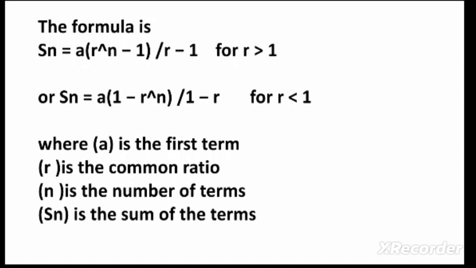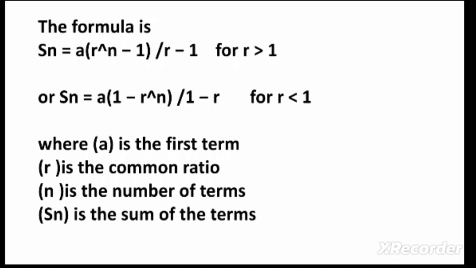The minus 1 in this case is not an exponent, it's r exponent n only, and then minus 1 on the side, divided by r minus 1, for r greater than 1. And then we have another formula, Sn is equal to a in brackets 1 minus r exponent n, divided by 1 minus r, for r less than 1.